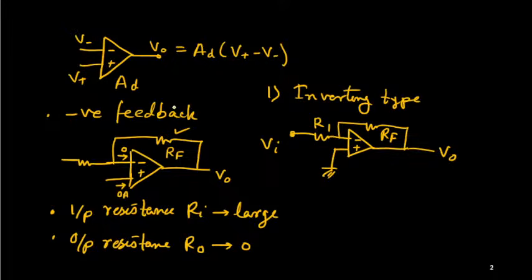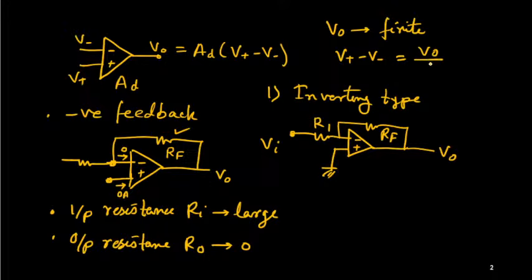Now whenever there is a negative feedback, one more important thing is that these two terminals, V minus and V plus, become almost the same. That is called virtually connected, because we are assuming that with this negative feedback V naught is finite. So what is V plus minus V minus? This difference is nothing but V naught upon AD.